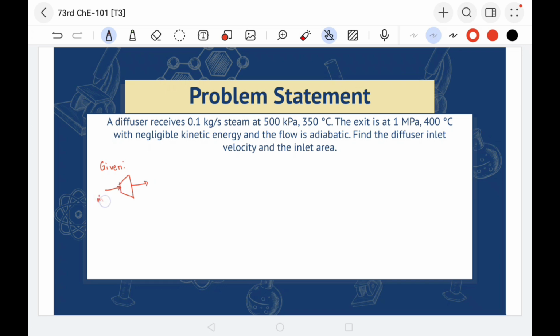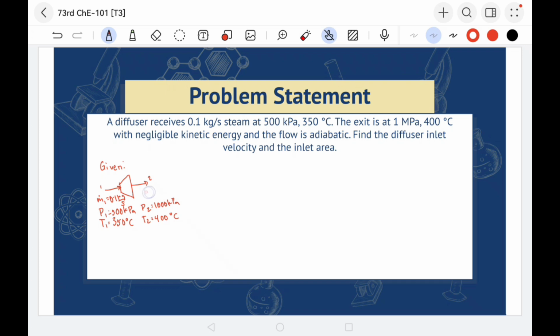So the mass flow rate of stream 1 is 0.1 kilogram per second with a pressure of 500 kilopascals and T1 of 350 degrees Celsius, while stream 2 will have a pressure of 1 megapascal or 1000 kilopascals and a T2 of 400 degrees Celsius.